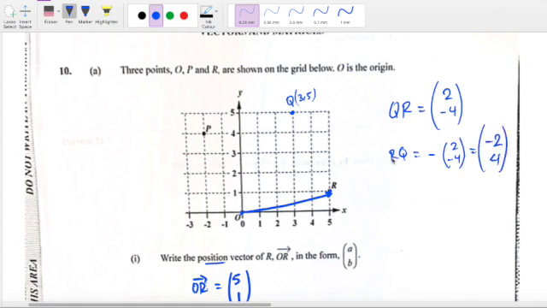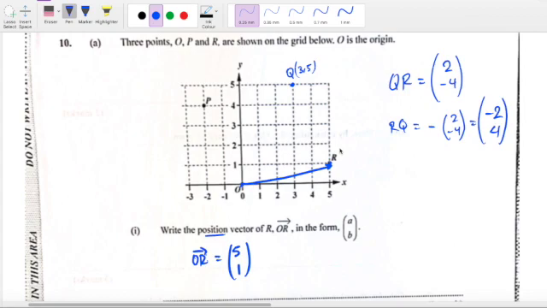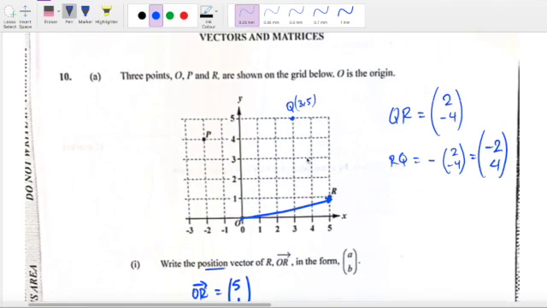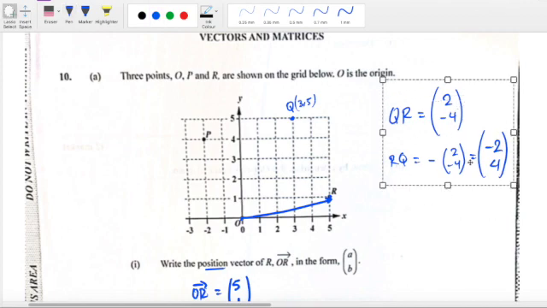So from R, I would have to move 2 spaces and then 4 spaces up, and I would end up back at the same Q. So the point Q is 3, 5. And plot Q on the graph. Well, we see it there on the graph. We did use that information here, so this would go in that space.